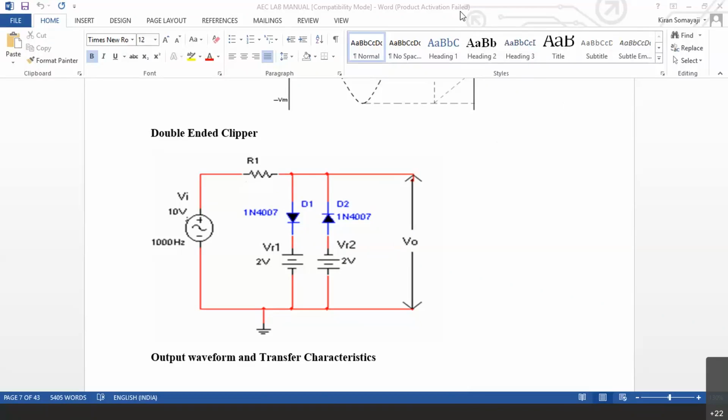Okay. Any other questions? Only Nidhi and Rohit are active. What about others? Maybe in the future classes, I will selectively ask questions to the other students also. Because lab means more of interaction. Lab means more of hands-on experience. If you don't understand the working of the circuit, then there is no point in you working with the lab also.